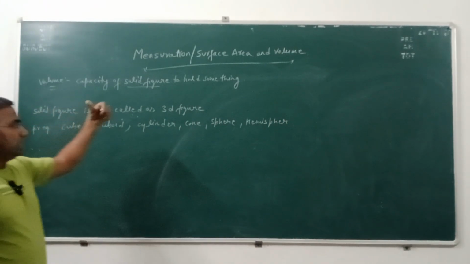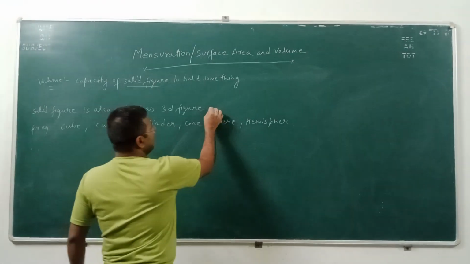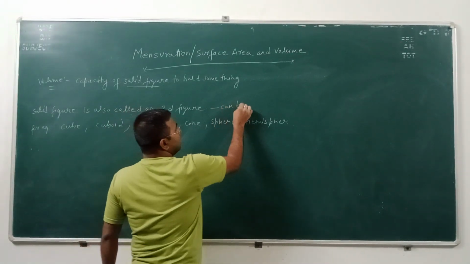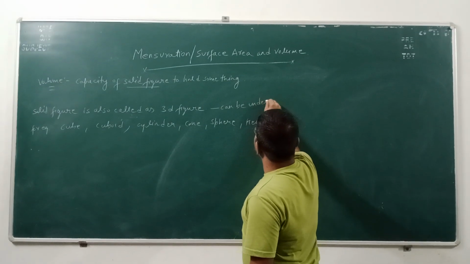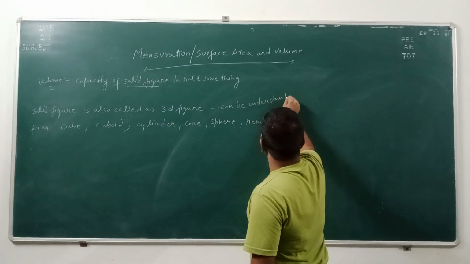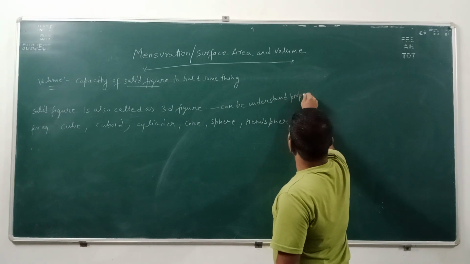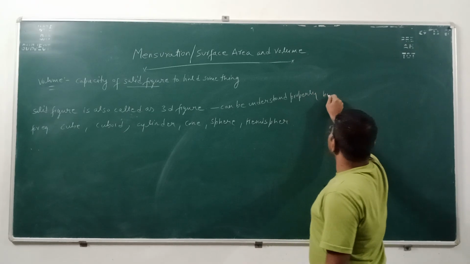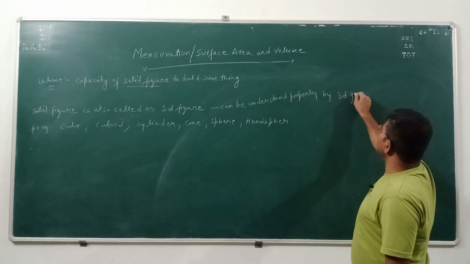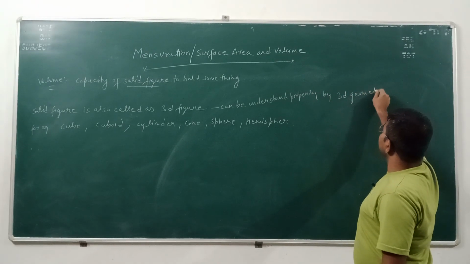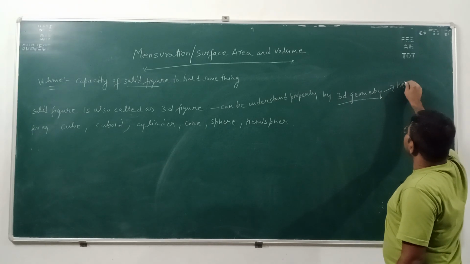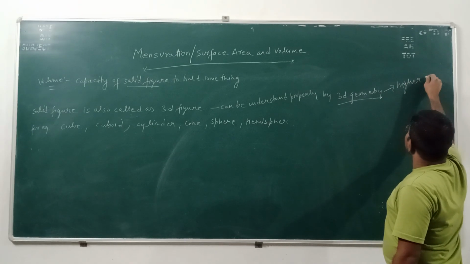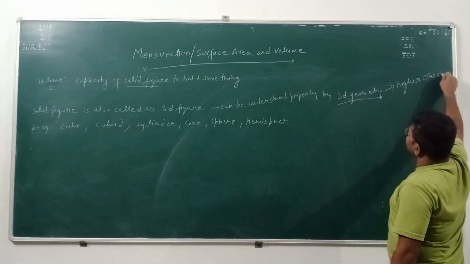A solid figure is also called a 3D figure, and a 3D figure can be understood properly by 3D geometry, and this you will learn in higher classes.